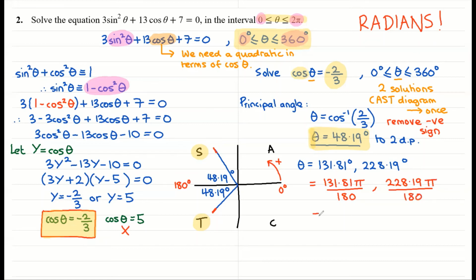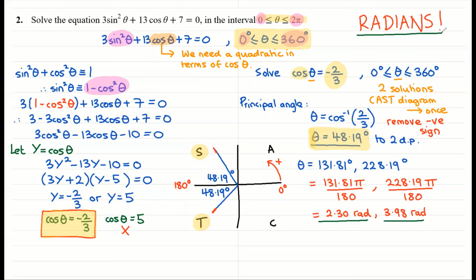Okay, so these are going to be our angles. Now, if you put them into your calculator, I'll let you just check this. You should get 2.30 radians for the first one and 3.98 radians for the second angle. And those are our two solutions.